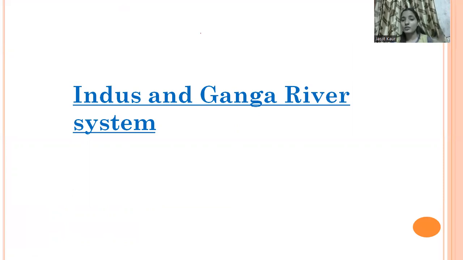These are the two major rivers of the Himalayan river system, and then we will also talk about the most important delta of India. So we will cover these three topics in today's class.